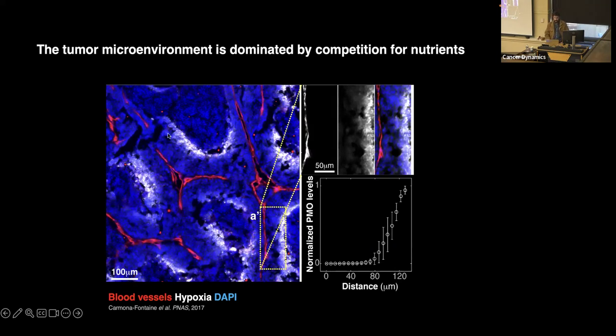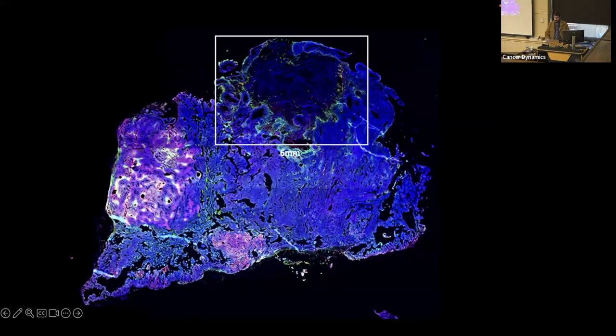But what you hopefully can see here is that these regions of hypoxia are mirroring the topology of these blood vessels, right? So as expected, it's not randomly distributed. There is this almost unidimensional gradient, in this case of oxygen, and you can quantify that. And the question is, how is that affecting cell behavior, or cell phenotypes, right?